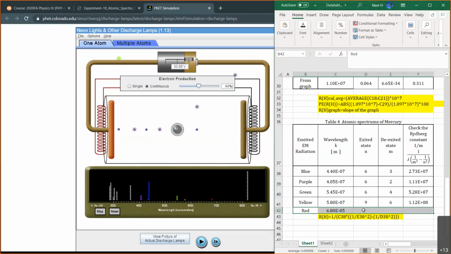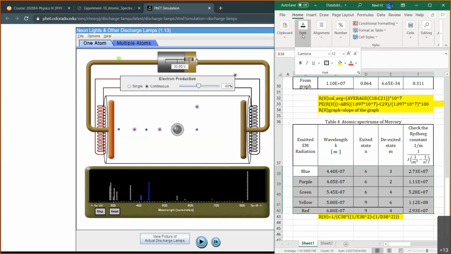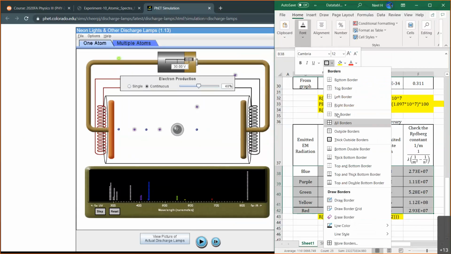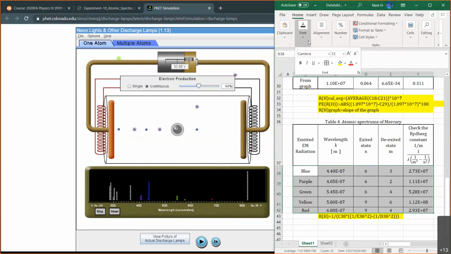Red goes from 9 to 4. Let's do that. That should be scientific notation. There should be 2 more zeros. Okay, all right. Since we did the detailed calculation earlier, we don't need to repeat it again and again, it's the same thing. So let's take a look at the other possible spectrums.